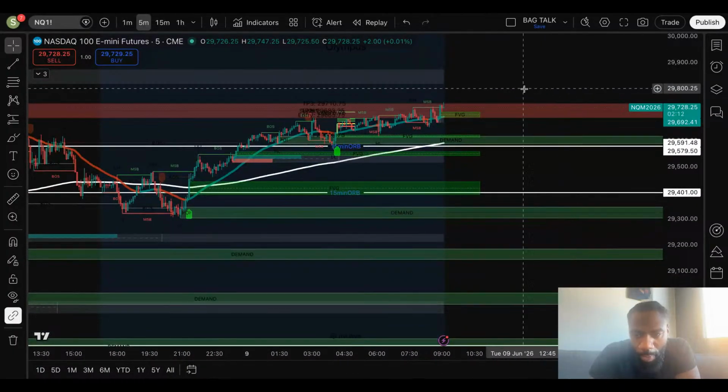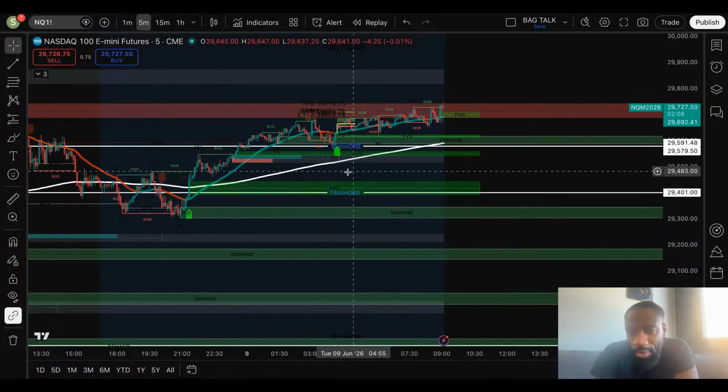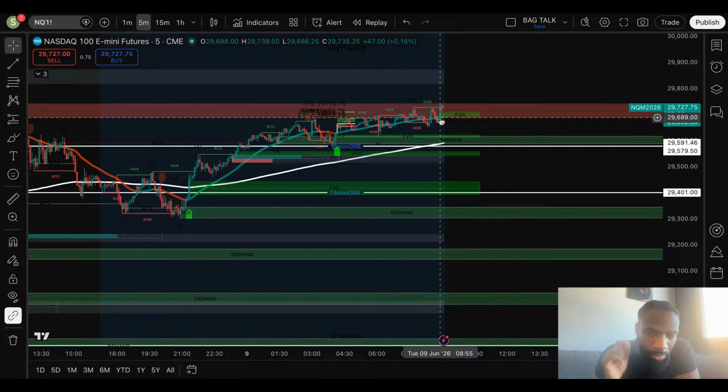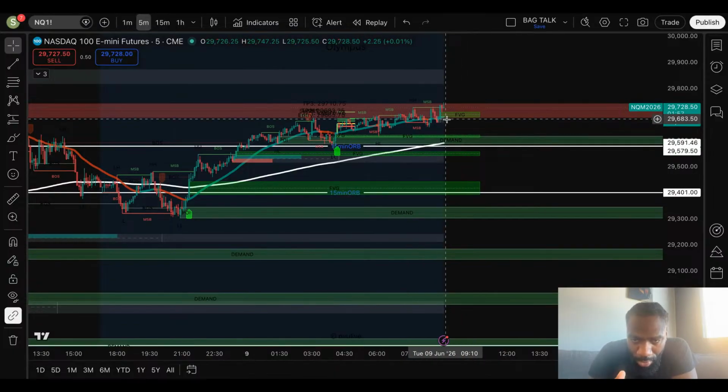Right now, you're basically just looking at price. If it's above the white line, we're going to be looking for longs, aka buys. Obviously, if the EMA that's closer to price is green, it's showing another indication that we're looking for longs.